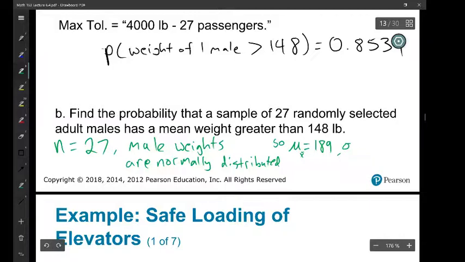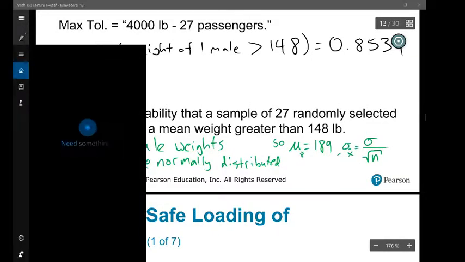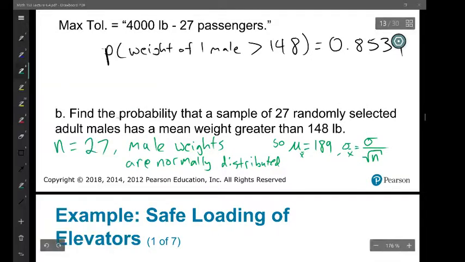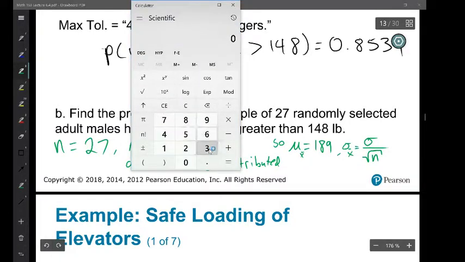And then our standard deviation is going to be the original standard deviation divided by the square root of n. So that's 39 divided by the square root of 27.